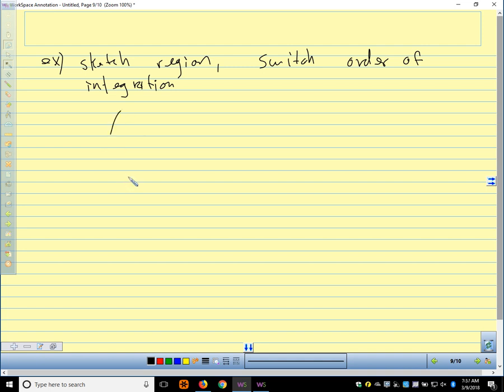So here's our integral, 0 to 1, minus square root of 1 minus x squared to square root of 1 minus x squared dx. Sorry, this should be y's. Dx dy.